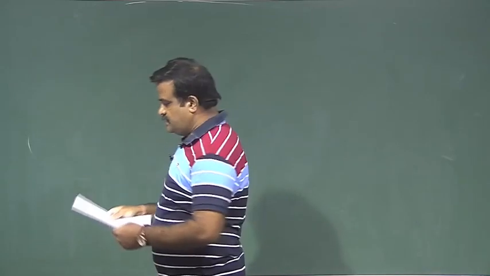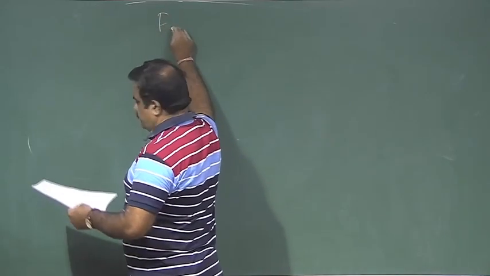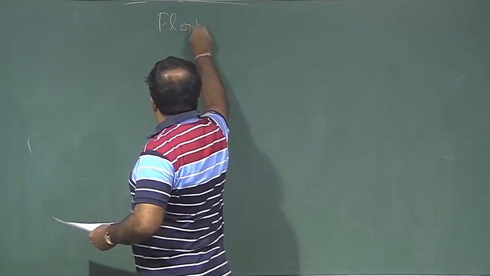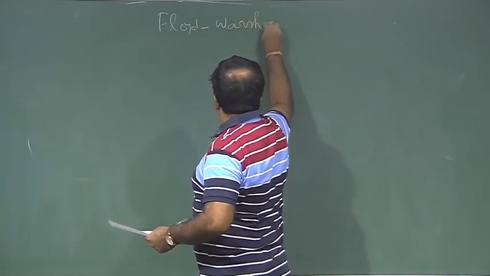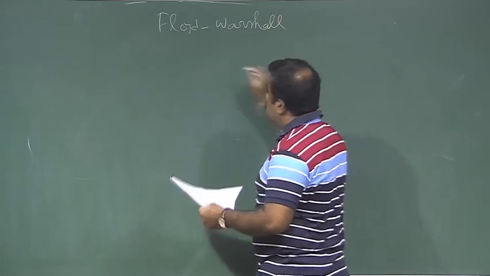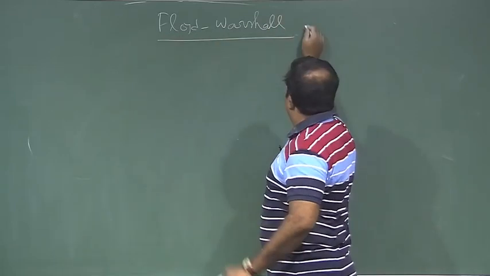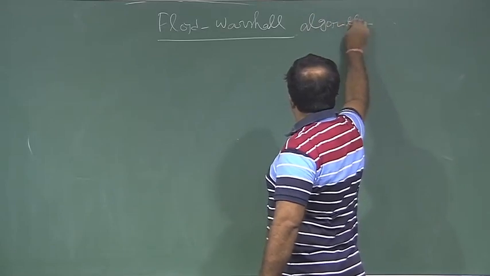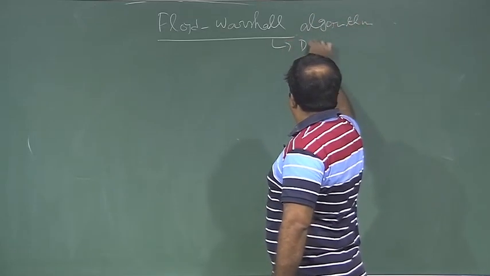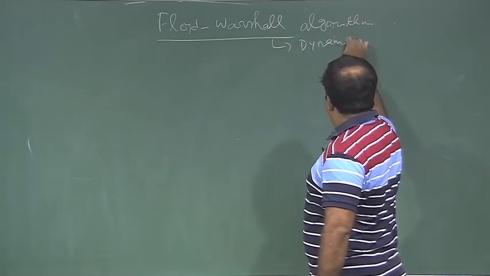Let us have this Floyd-Warshall algorithm. This is also a dynamic programming algorithm, but it is faster than the one we have seen. So, the Floyd-Warshall algorithm, this is also a dynamic programming technique.